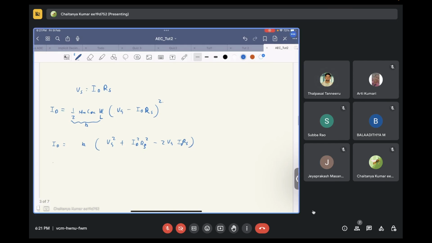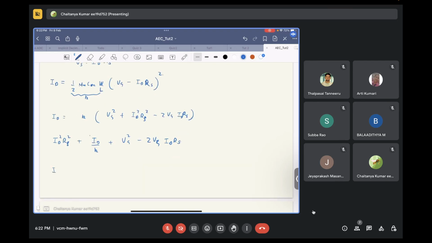So ID by k is equal to ID squared RS squared plus VG squared minus 2 VG ID RS.